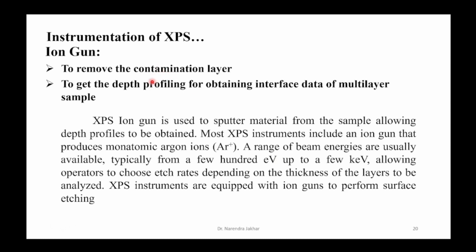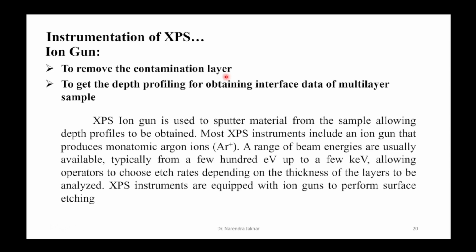And the ion gun. Mainly the ion gun is used to remove the contamination layer. Suppose we are talking about pure metal samples. Whenever metals are put into the desiccator, or vacuum sealing, it's okay. But when we take samples out into ambient temperature, pressure or conditions, they form an oxide layer over the surface of the sample, and these oxide layers may have a thickness of a few nanometers.